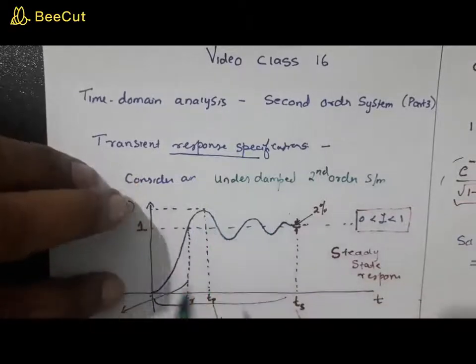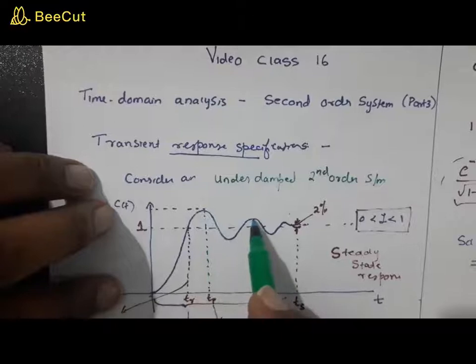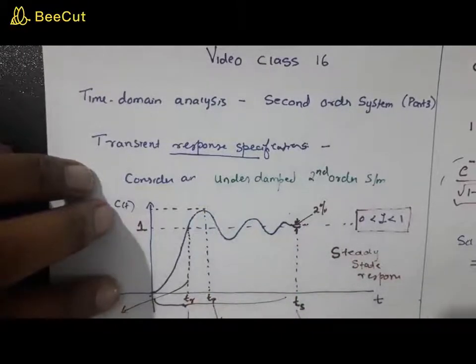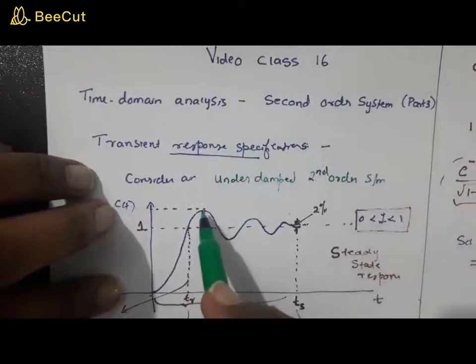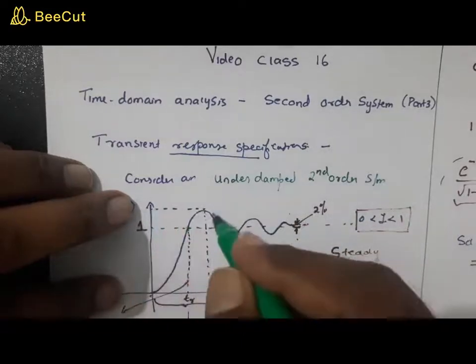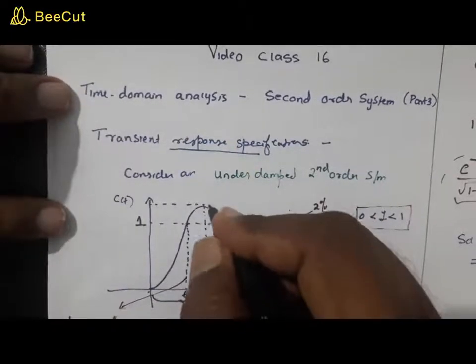Now from this figure we know that this is the maximum point the output has reached. After this time the value reduces, and it no longer comes to this point at any of the other times, right? The only time that it reaches the maximum point, and this amplitude or this deviation, I'll mark this.